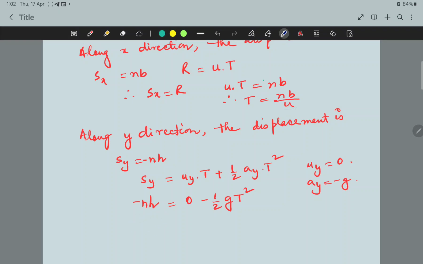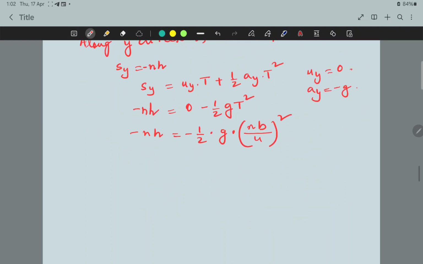So minus nh is equal to minus half multiplied by g multiplied by nb by u square. So the minus is cancelled. nh is equal to g by 2 n square b square by u square.